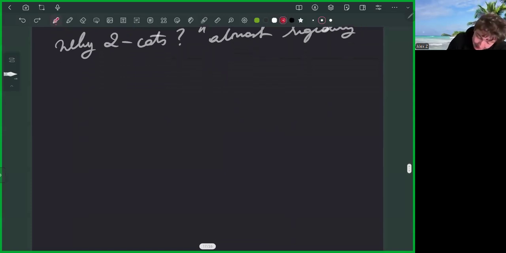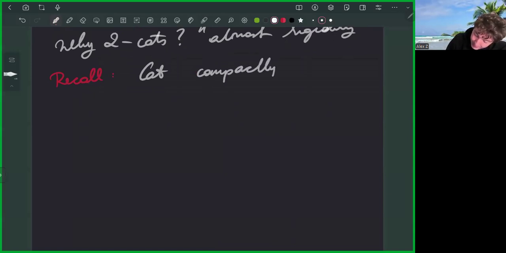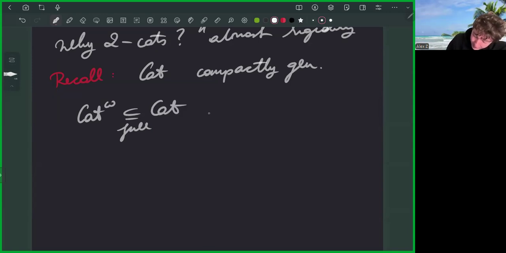And now let me recall the following thing, namely, Cat as a category is compactly generated. So what does this mean? Well, you take the full subcategory of Cat on the compact objects.